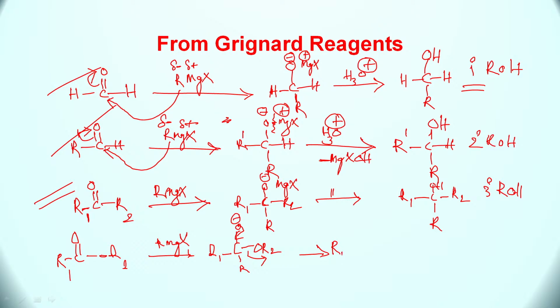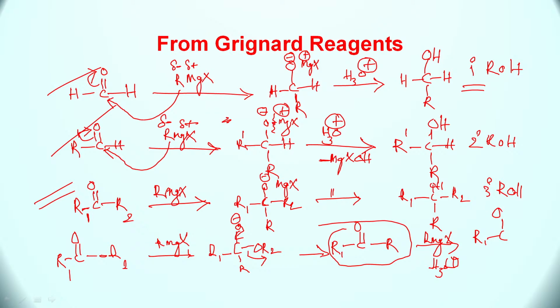You will get R1 C double bond O R. Same mechanism as a ketone: when you treat again with excess RMgX, finally, upon acidic hydrolysis, same mechanism, you will get R1 C OH R and R. Here also you will get a tertiary alcohol.